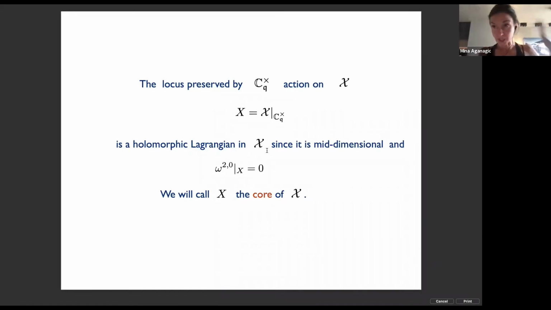So now we have a notational problem, which is that we have two different X's, which look different but sound the same. So I'll call the original X the big X, and call its core the small x, because the dimension of the big X is twice that of the small x.